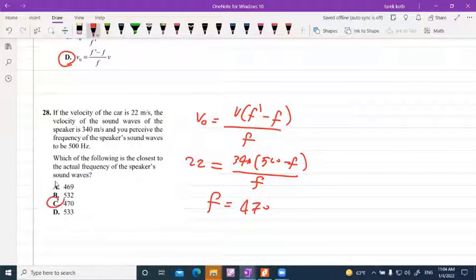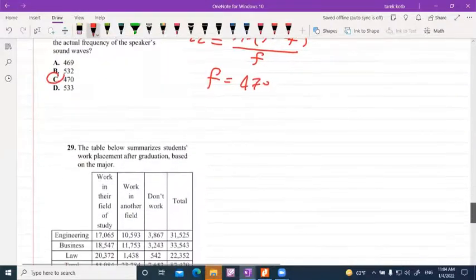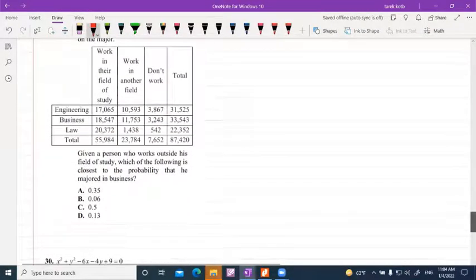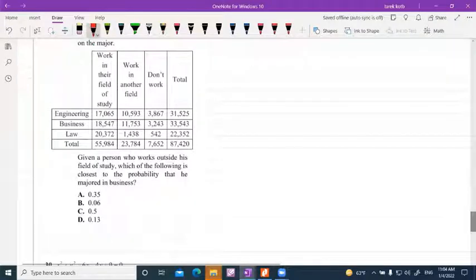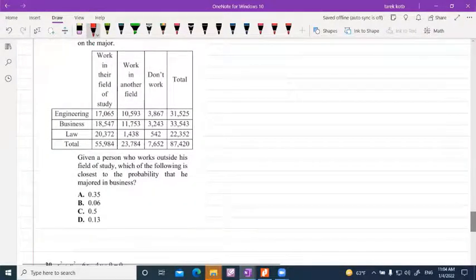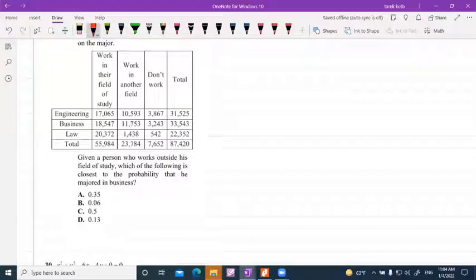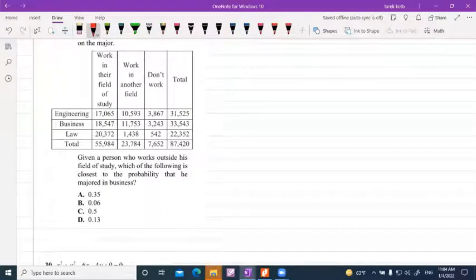Next problem, number 29. I have this table. Given a person who works outside his field of study, which of the following is closest to the probability that his major is business?